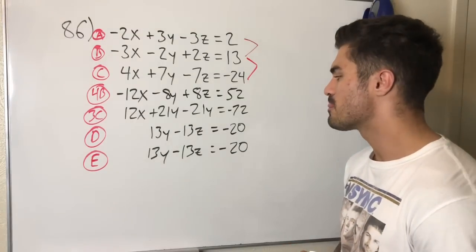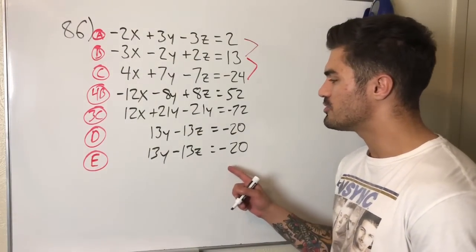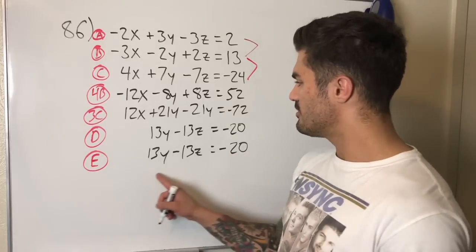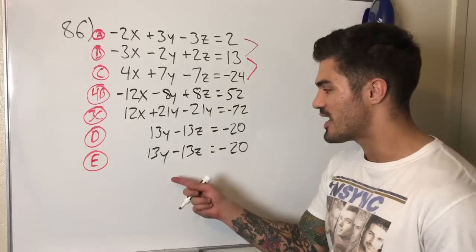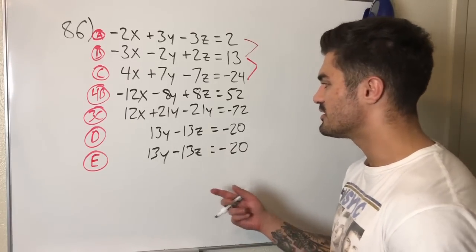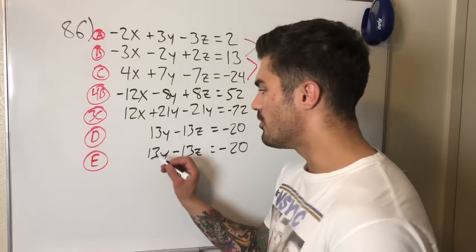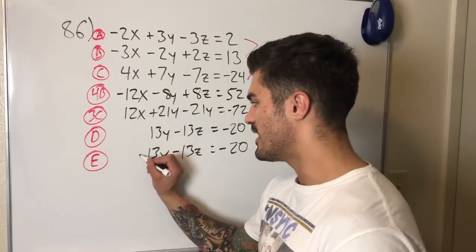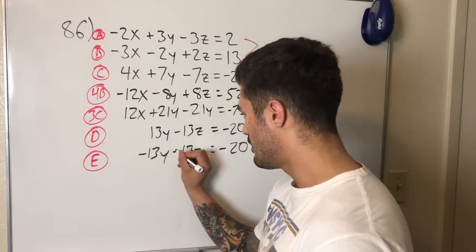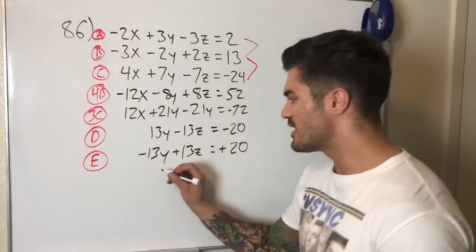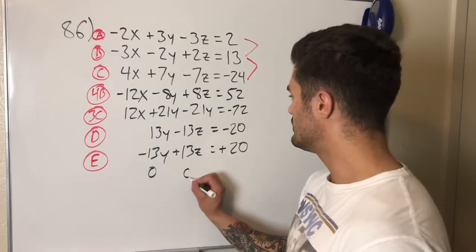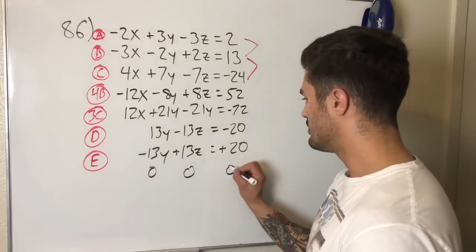All right, so now what if I multiply the bottom by negative 1 and then add? Or I could think of subtracting. I'll multiply the bottom by negative 1 and then add. That's what I like to do. So negative, positive, positive. All right, so I get 0, 0, 0.